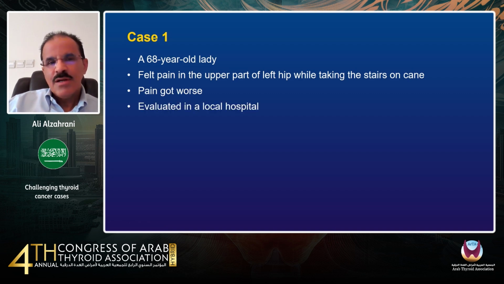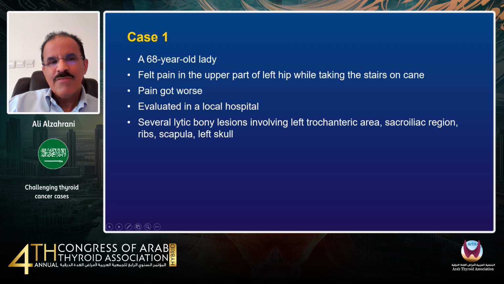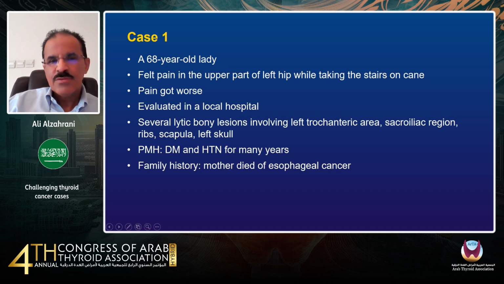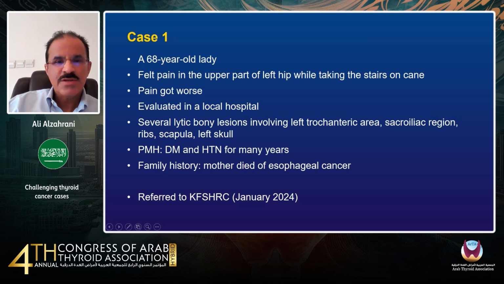She was evaluated in a local hospital, and they found that she has several lytic bone lesions involving the left trochanteric area, the sacroiliac joint, the ribs, the scapula, and the left scalp. She has history of diabetes and hypertension, and she is elderly. Her family history was positive for a mother who died with esophageal cancer, and she was referred to us in January 2024.